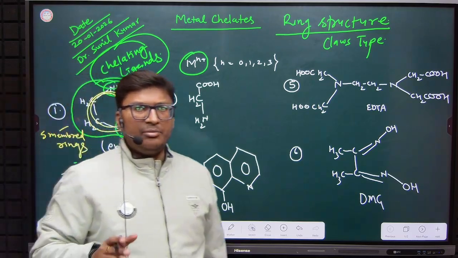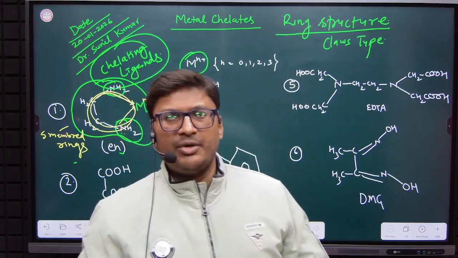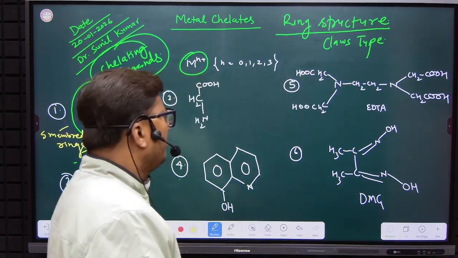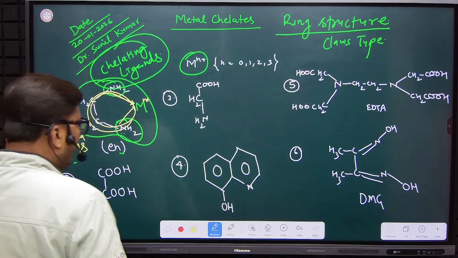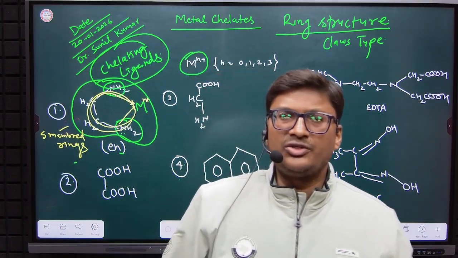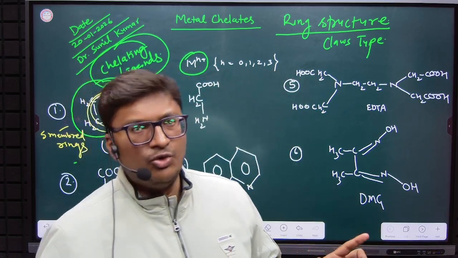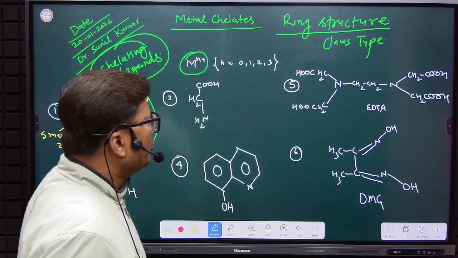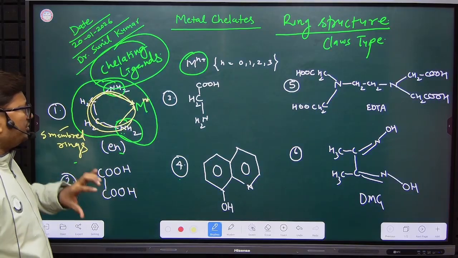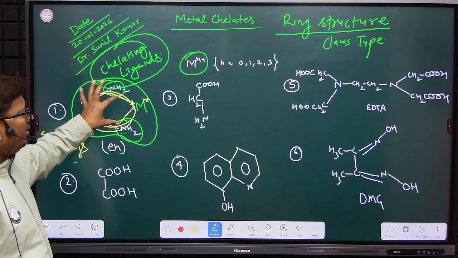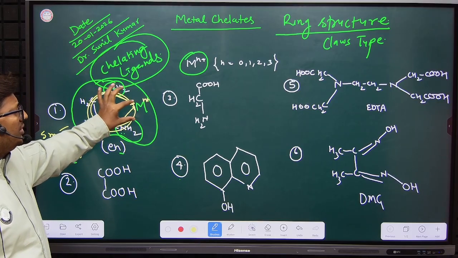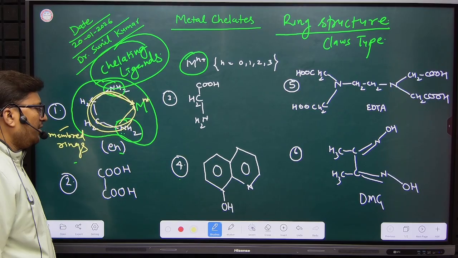Ethylene diamine, once it reacts with a particular metal, forms five-membered rings, while unidentate or non-chelating ligands form no ring structure. Here the two functional groups form two coordinate covalent bonds with that particular metal.